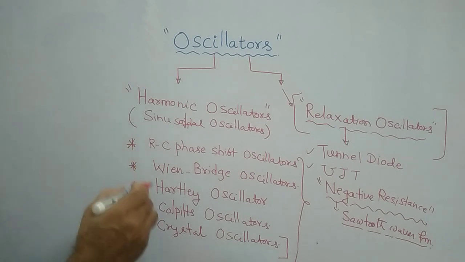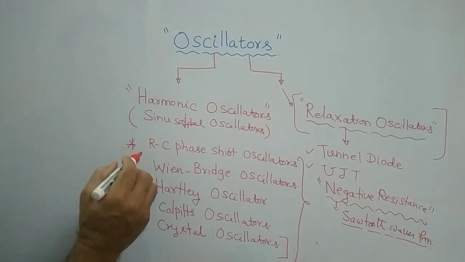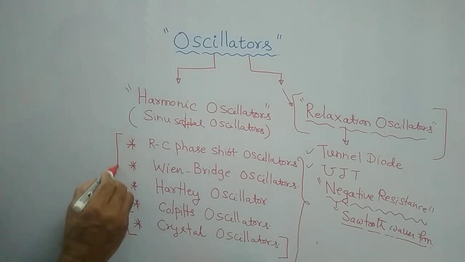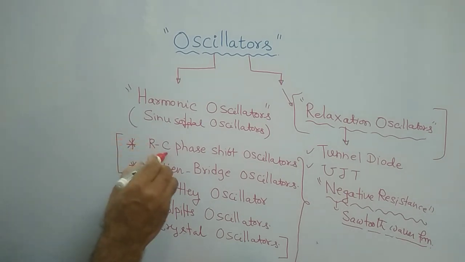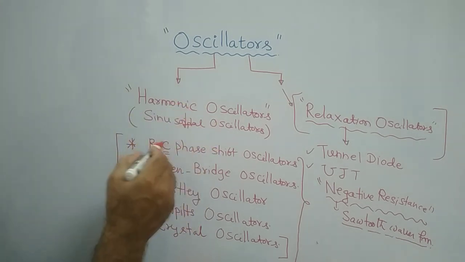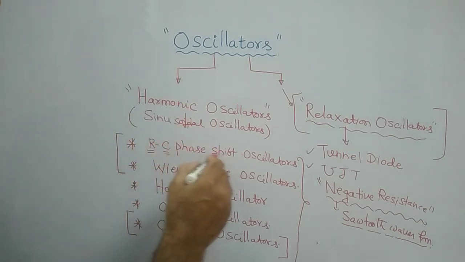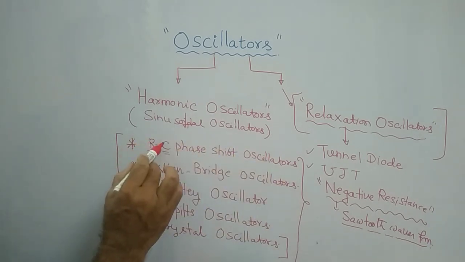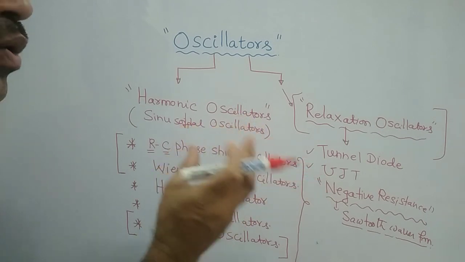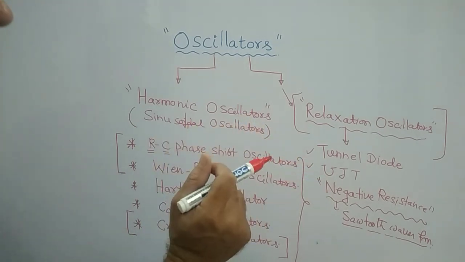Again, if you look at the first two, RC phase shift and Wien bridge, what is RC? RC stands for resistance and capacitance. In the phase shift oscillator, the resistance and capacitance elements are used in the feedback network.